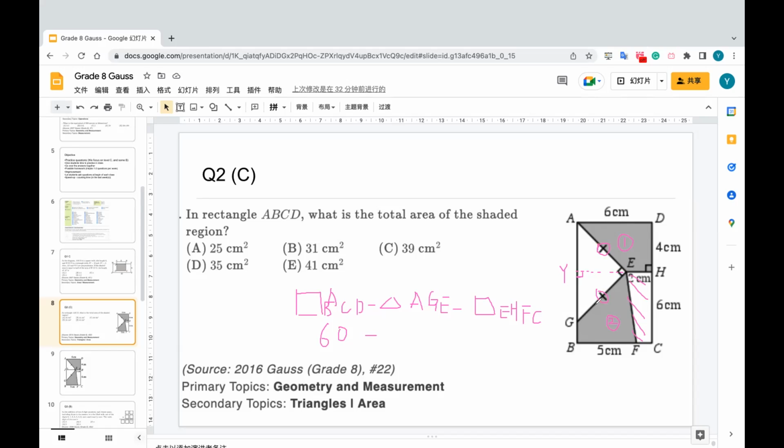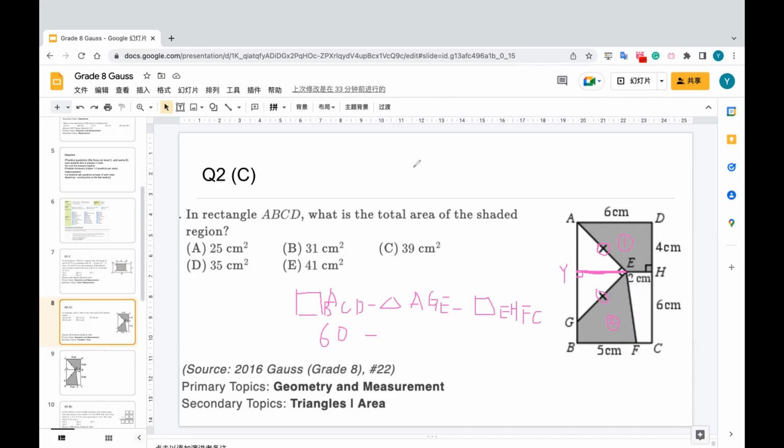So what's the length of YE here? Whatever I label here, okay? YE, the extension line I did. Liana, what's the length of YE here? Any idea?